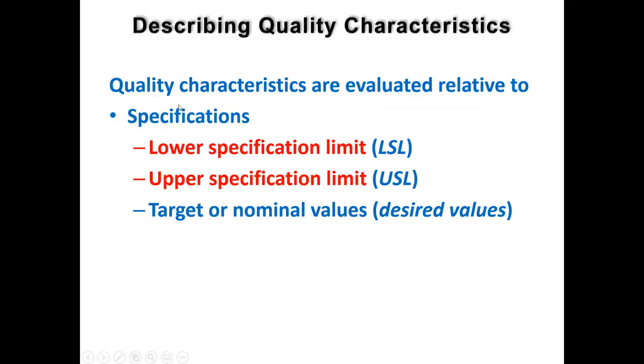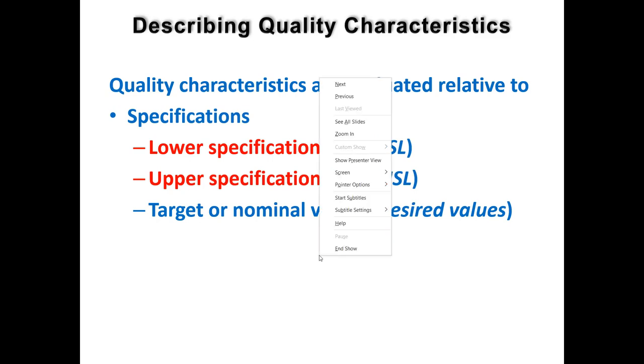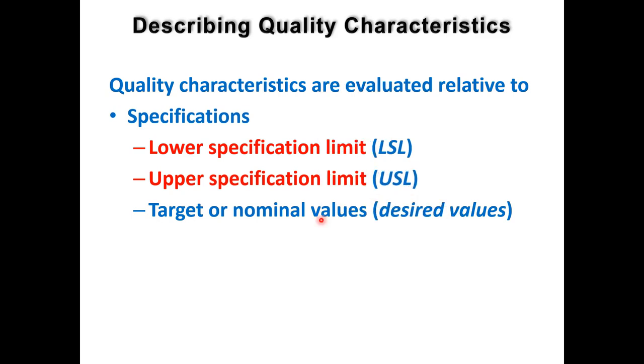Coming back again, quality characteristics are evaluated relative to their specification. So normally for product specification, we have three values. The first one would be the lower specification limit, the upper specification limit, and the target or nominal value. Normally this target value is the mean value.